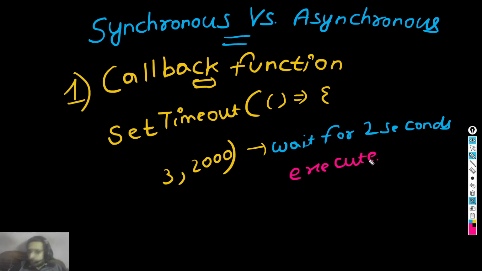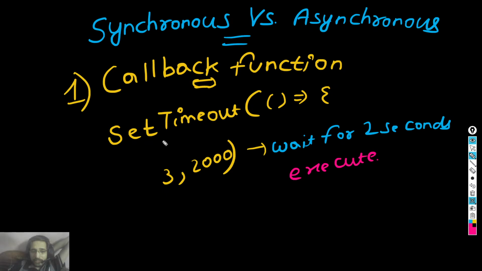So basically JavaScript will not wait for 2 seconds, because if JavaScript waits, then your application will hang, because as I already told you, JavaScript is a single threaded language. It can only execute a single instruction at a time.